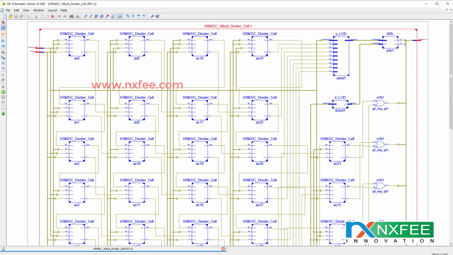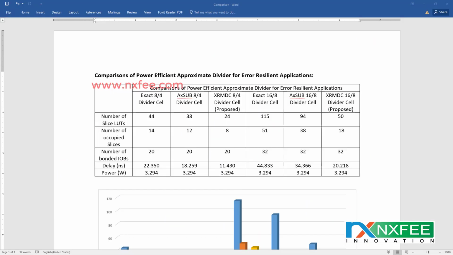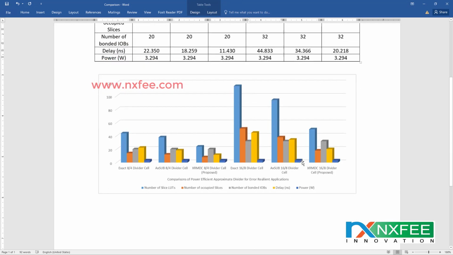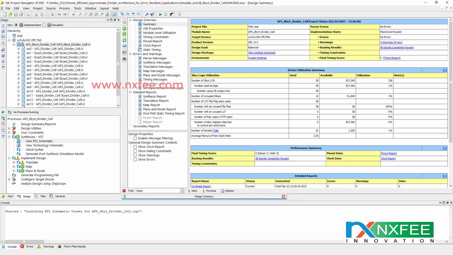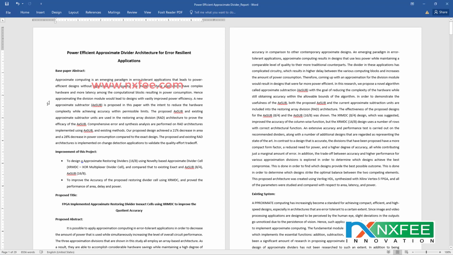Here we compared, and we will provide a comparison document for this project. This is the comparison document; you can check it here: 3 comparisons for 8x4 and 3 comparisons for 16x8. This is the comparison analysis chart. The next thing is that we have written an abstract document for this project.